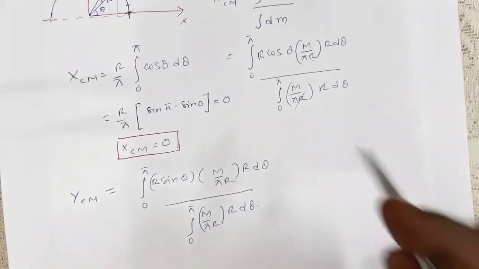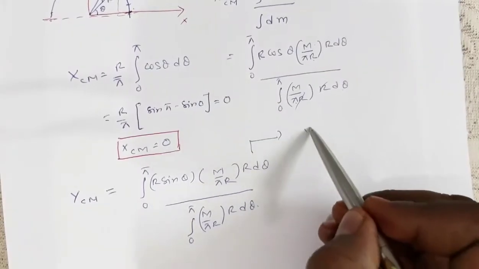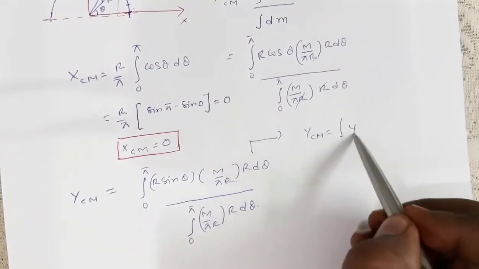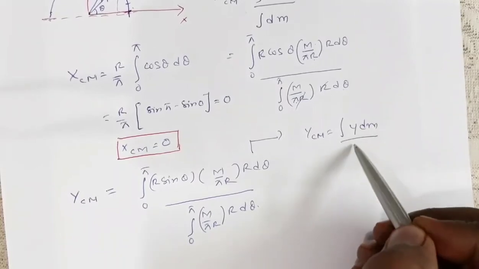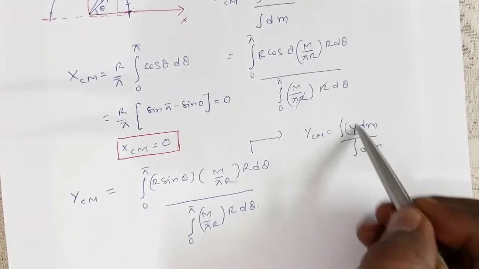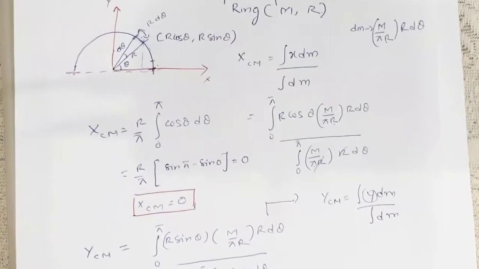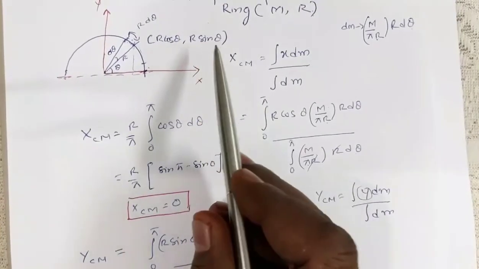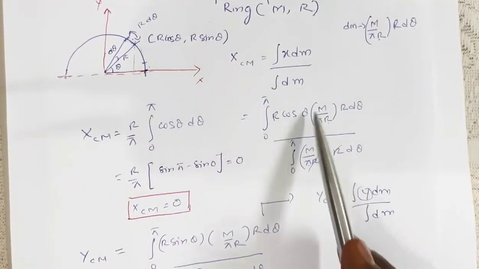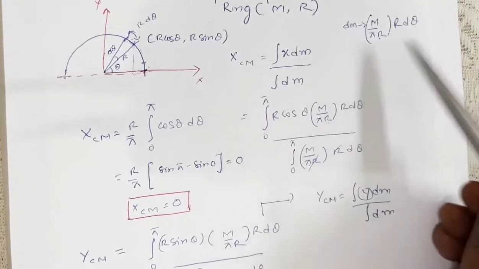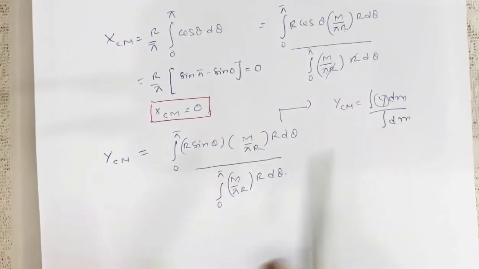How did I write this? YCm is integral y dm divided by integral dm. So what is y? The y coordinate of the small element is r sin theta. dm we have already got, this quantity. So we have this result.